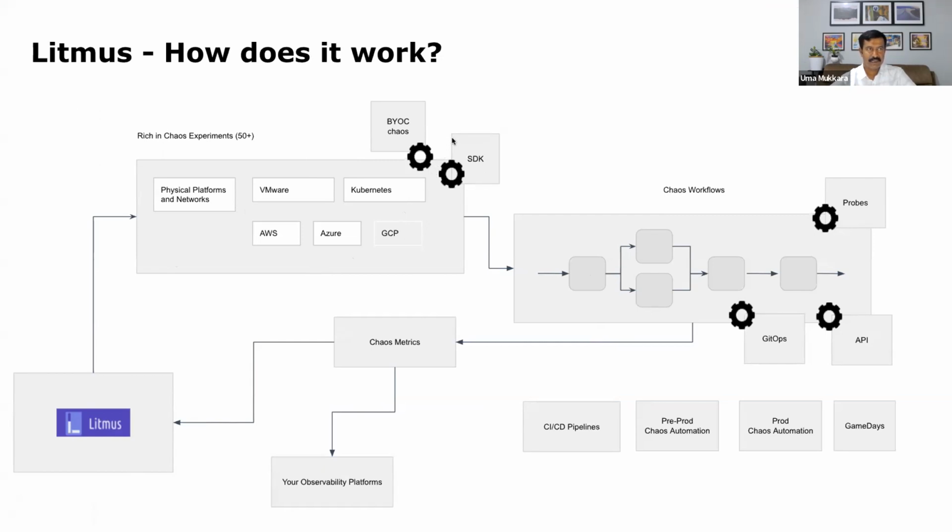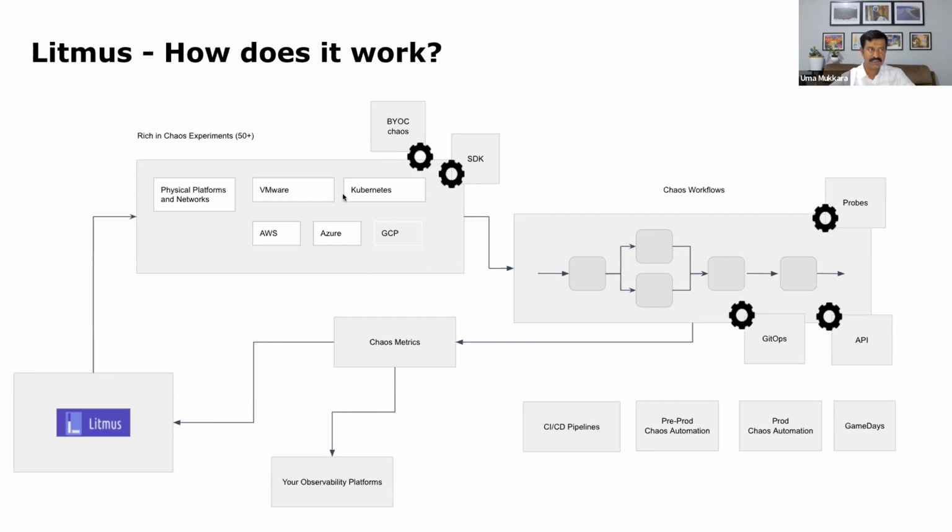If not, you can actually use the SDK to build a totally new experiment. It's available in 3 languages at the moment: Golang, Python, and Ansible. And there's another capability called Bring Your Own Chaos, where if you have some logic of a failure test, you can simply containerize it and then use our SDK to create a new experiment and throw that container in, and you have a new chaos experiment, right? So that capability is also there.